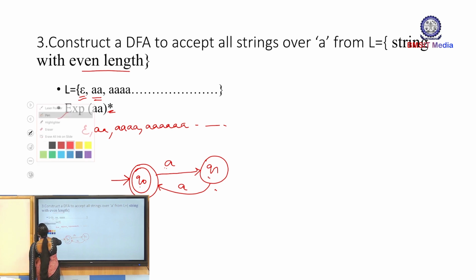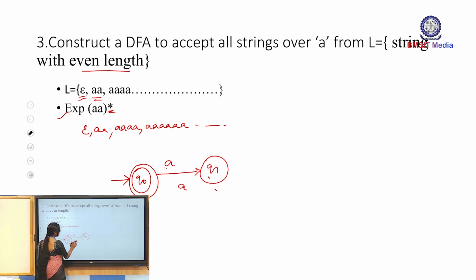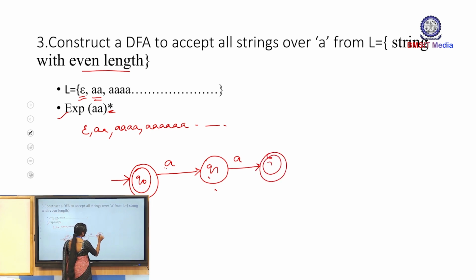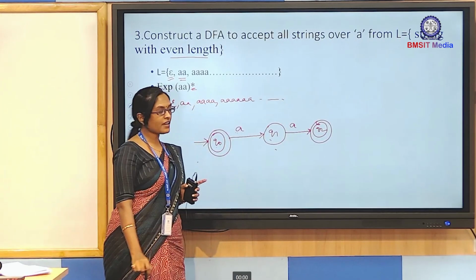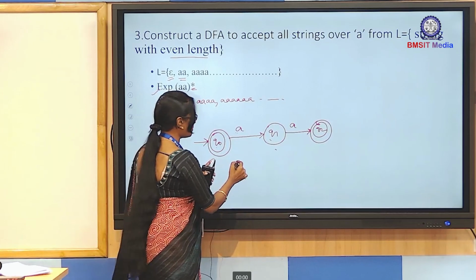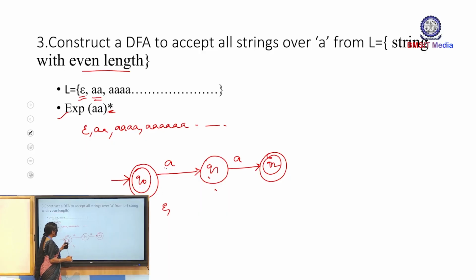Now for example, let me assume that I make one more transition on A and then go to the final state, which is Q2. Now if you analyze this DFA, it accepts epsilon, and you can see that it will accept 2 A's.